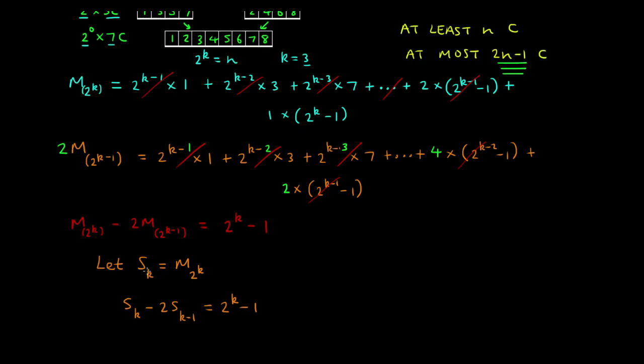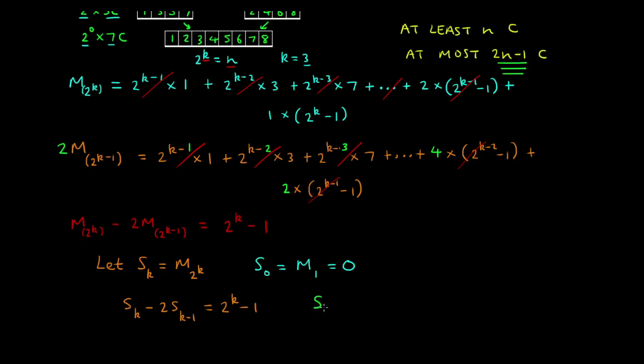And our initial condition in this case would be S0, which is m subscript 2 to the 0, which is m1, and that's equal to 0. Because when k is 0, we have an array with a length of 1, and you can't split that array further, so you thereby have 0 comparisons. And we can say that this is a first order non-homogeneous recurrence relation.